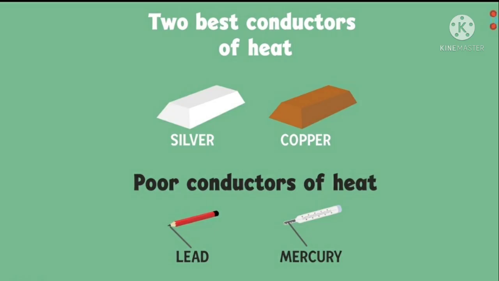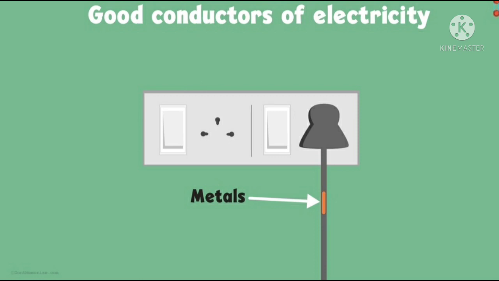The metals that are good conductors of heat are silver and copper, and the metals that are poor conductors of heat are lead and mercury. Electrical wires are also made up of metals because they are good conductors of electricity.